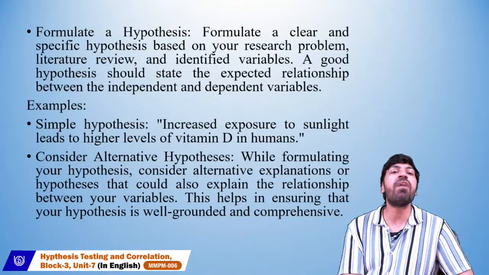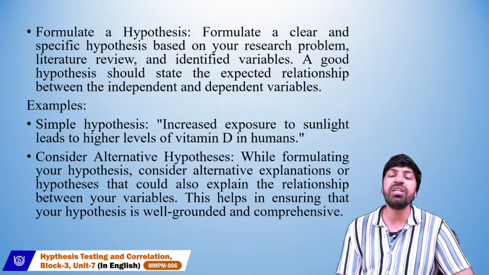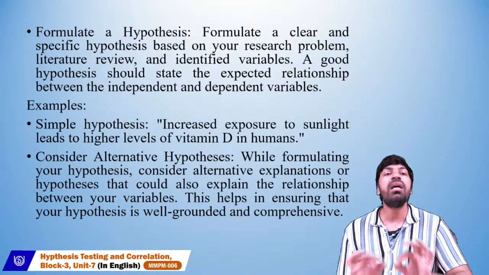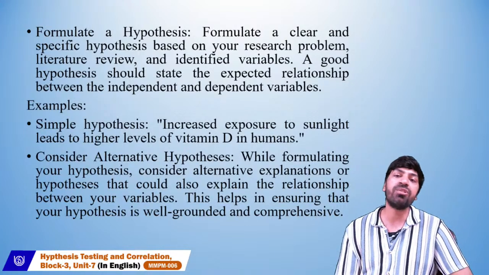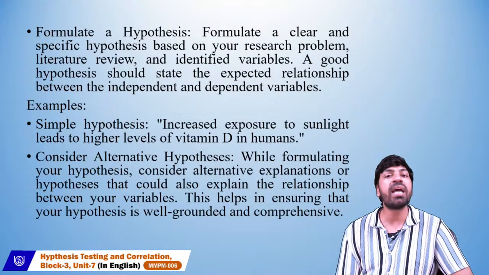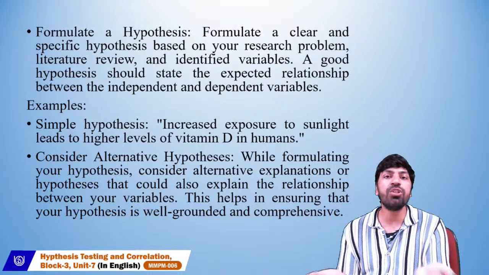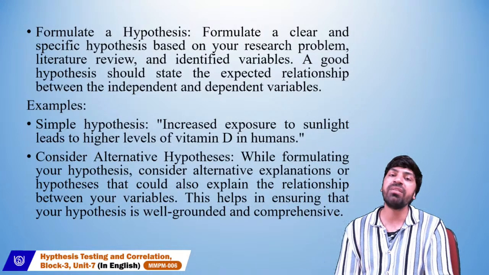Then the next step is to formulate the hypothesis. Once you identify the variables, you need to formulate a specific hypothesis based on your research problem, literature review, and identified variables. It always shows a relationship between the dependent and independent variable.